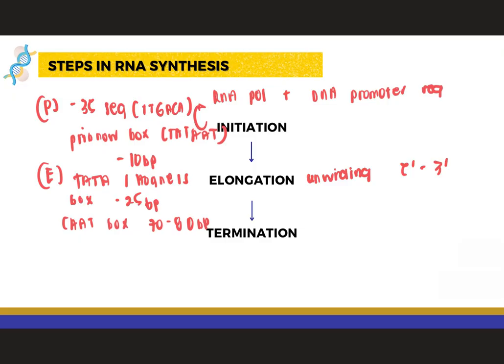And last step is your termination. In here, elongation of RNA continues until a termination signal is reached. So in termination, we have your rho independent and rho dependent.